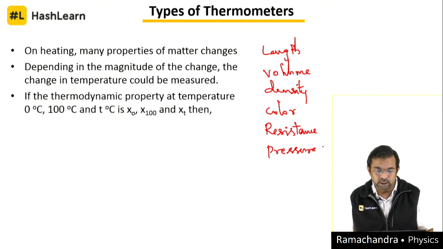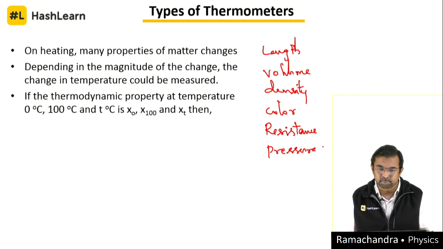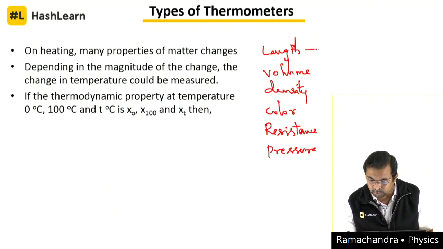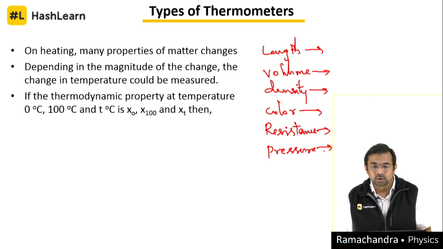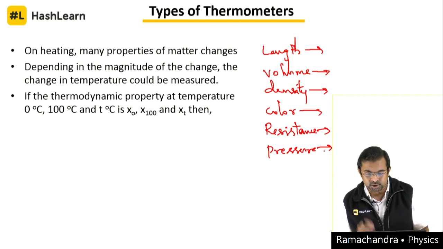Now, let's assume that length is one thermodynamic property, volume is another, and color, resistance, pressure are all thermodynamic properties. A thermodynamic property means any parameter that changes with the change in temperature.